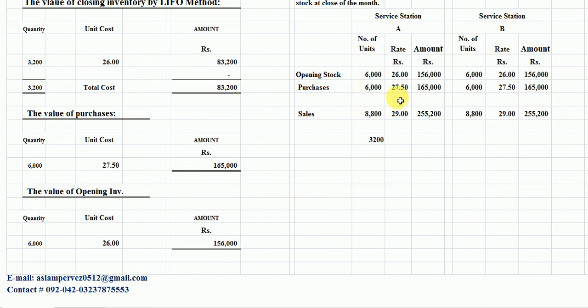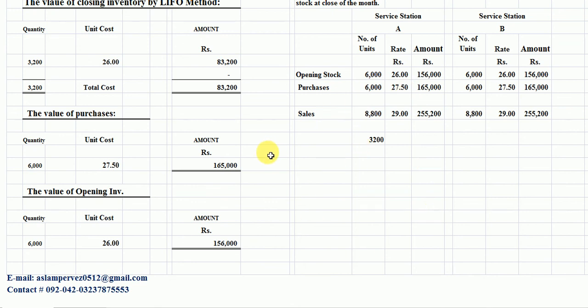When company A uses the FIFO method, the company firstly sells the opening stock. The value of opening stock is 1,56,000 rupees here. The remaining stock is sold from the purchase gallons here.